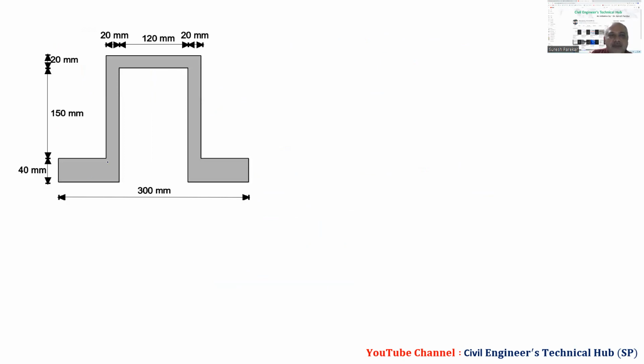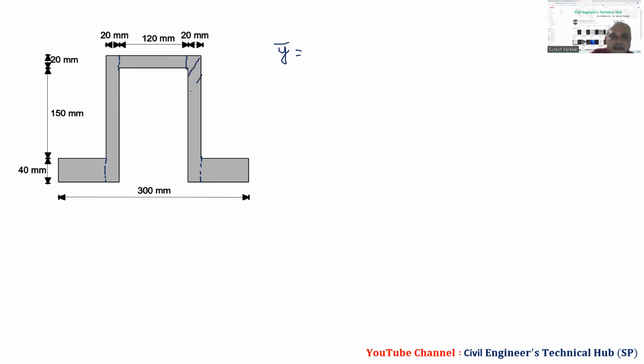This section we have, and we are interested to find I. So first we have to find Y bar because it is not symmetrical with the horizontal or any axis if we consider at the center. So now we will consider three parts. So this is the first part. So in the first we have two parts.